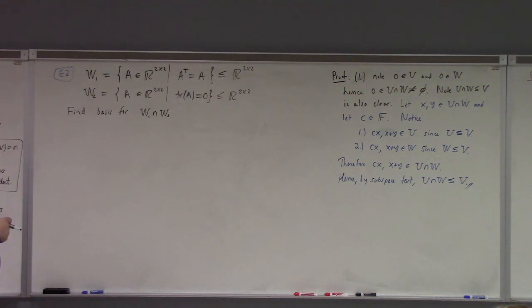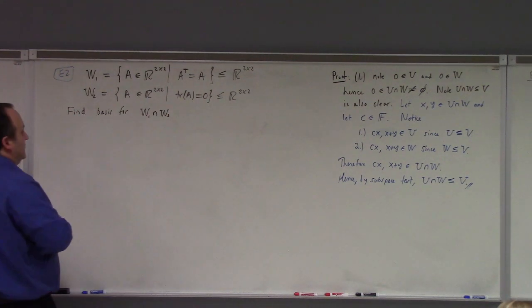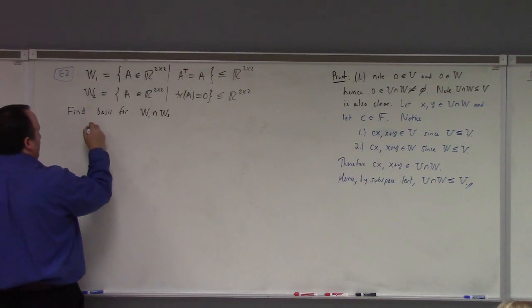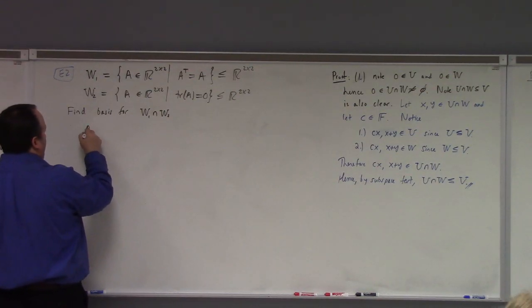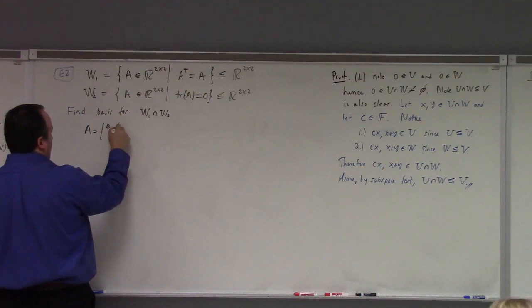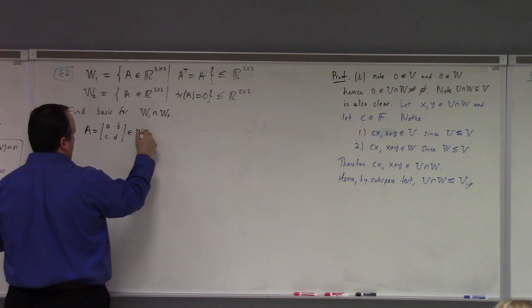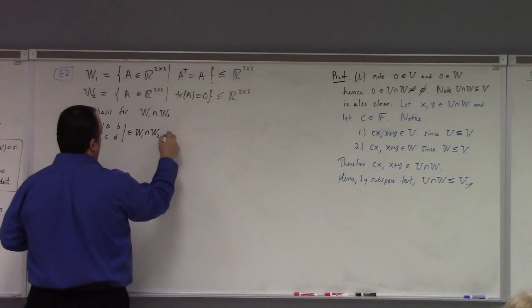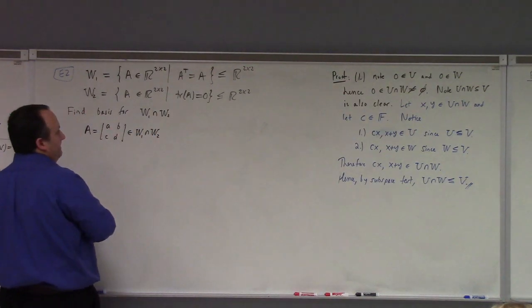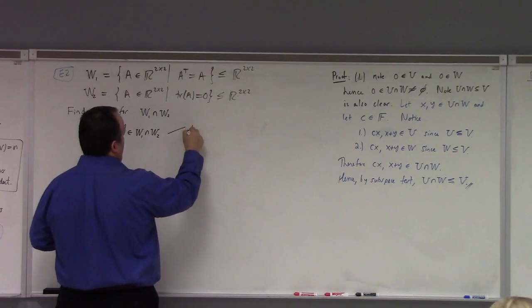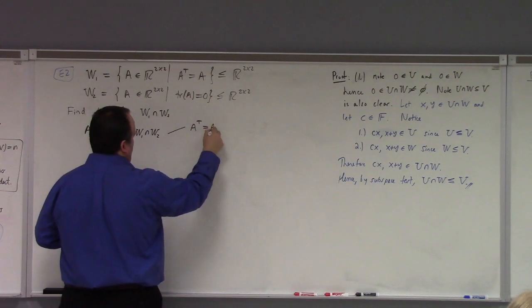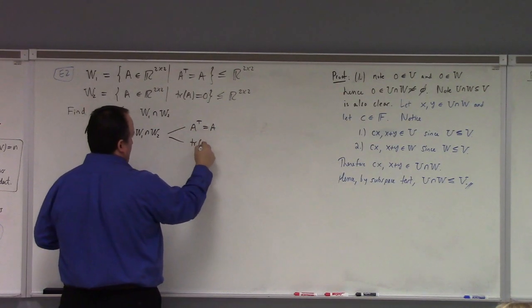So what I would do in this kind of context is pretty simple. W1 intersect W2. So if I have A, which is a, b, c, d, in W1 intersect W2, what does that mean? That means we have A transpose equals A, and we also have that the trace of A is 0, right?